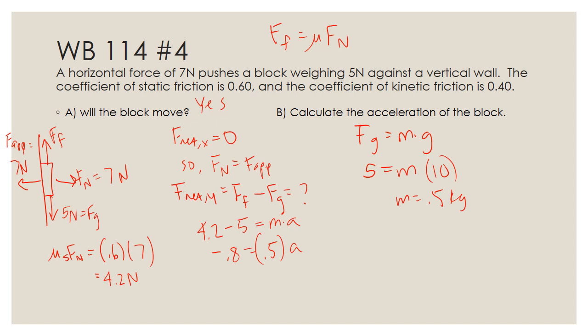It's going to have a downward acceleration initially, just due to the forces that we've diagrammed, of 1.6, again negative because it's downward, meters per second squared. Okay, and that's the calculated acceleration of the block.